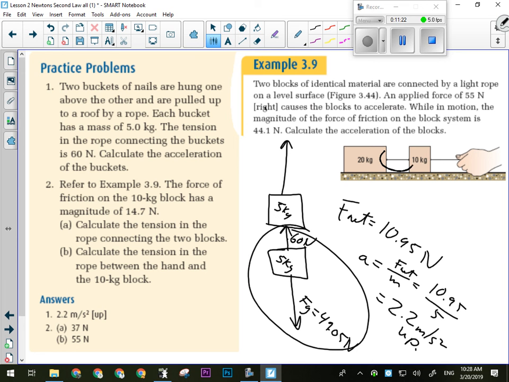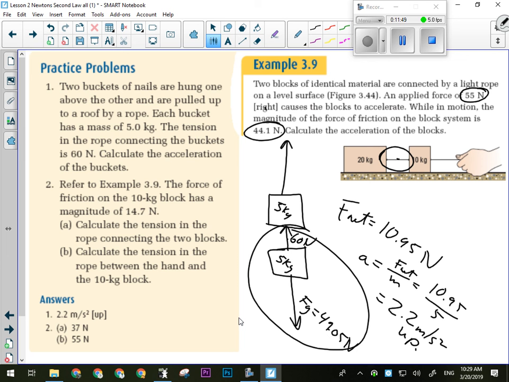So we're looking for the tension here. All the information from the first one we did still applies. So the total friction on the system is 44.1, and the applied force here is still 55. What we're looking for is how much force there is right here.